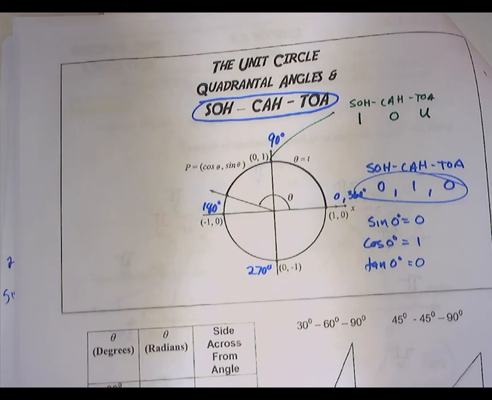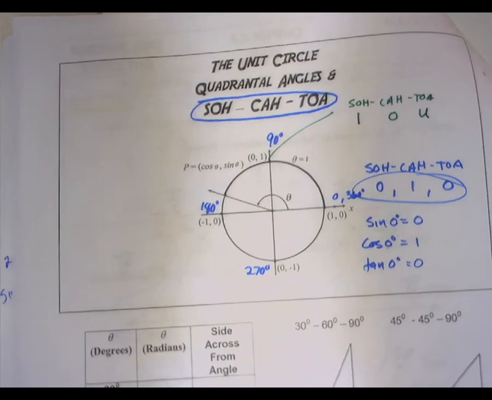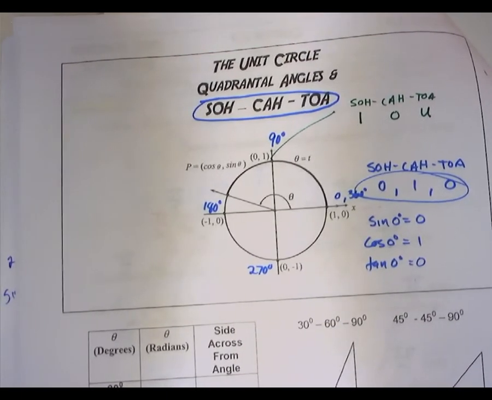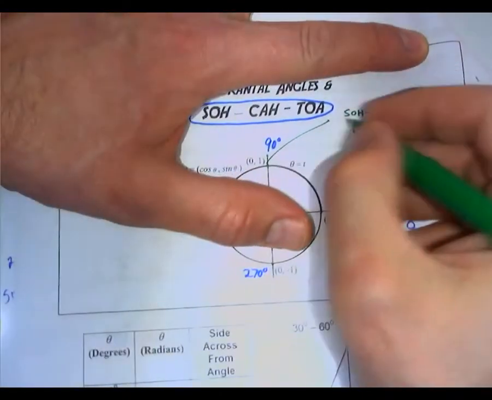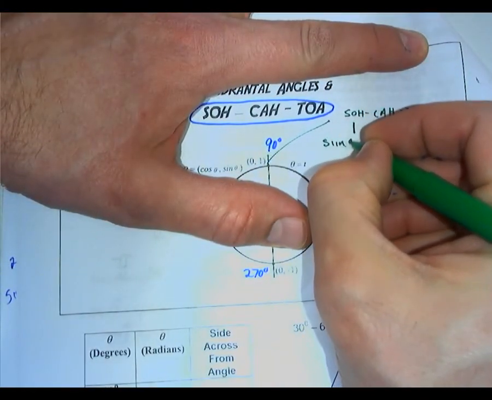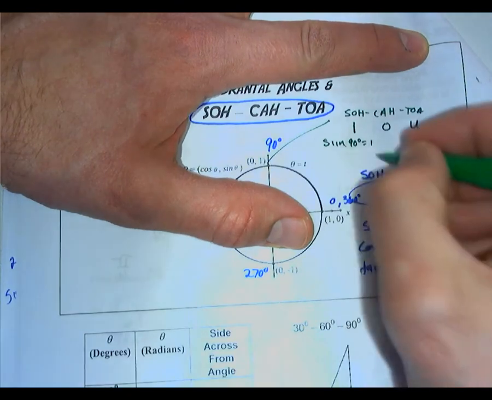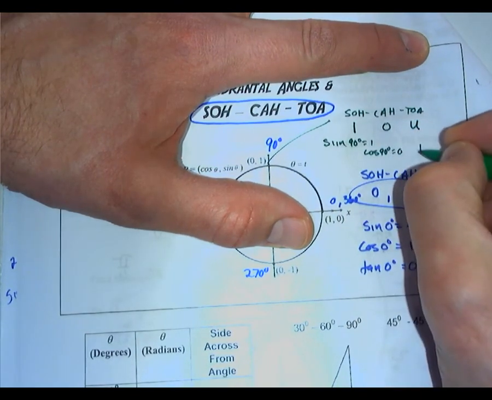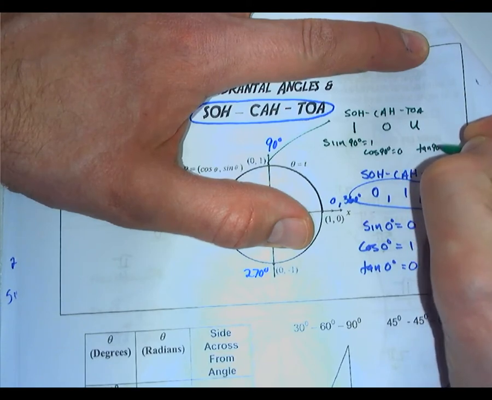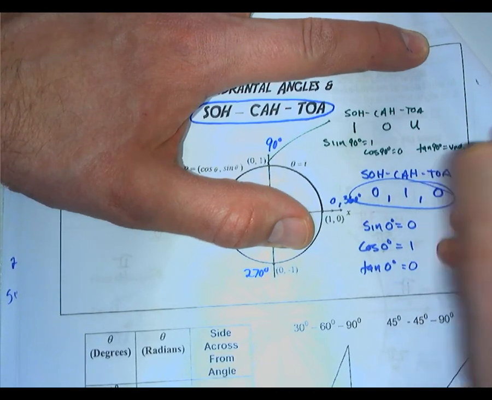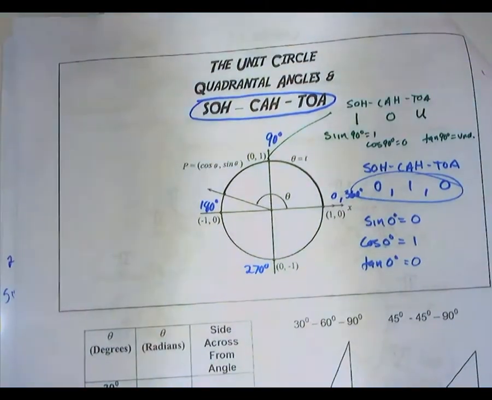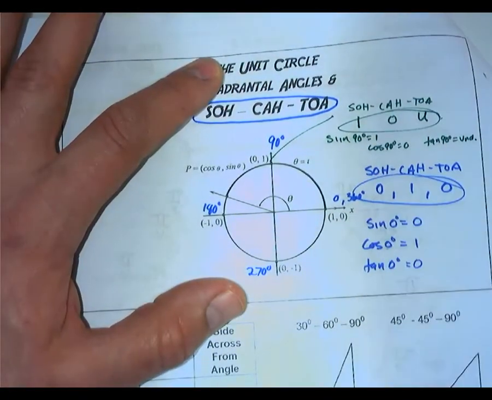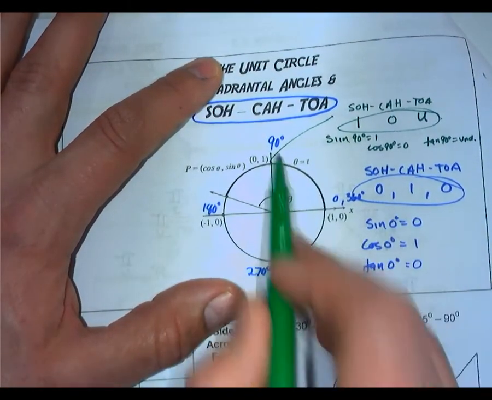Watch your mouth. Yes, the old asymptote. You'll see asymptotes for tangent. Okay. So again, what this means, guys, is the sine of 90 is 1. The cosine of 90 degrees is 0. And the tangent of 90 degrees is undefined. So that's what that IOU stands for. So I got 0, 1, 0, and IOU.